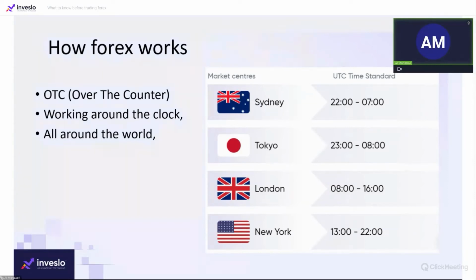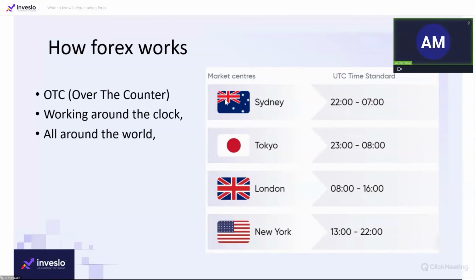As you can see here, trading starts in Sydney on Sunday night at 22 UTC standard time, and then trading starts in Sydney and in New Zealand.